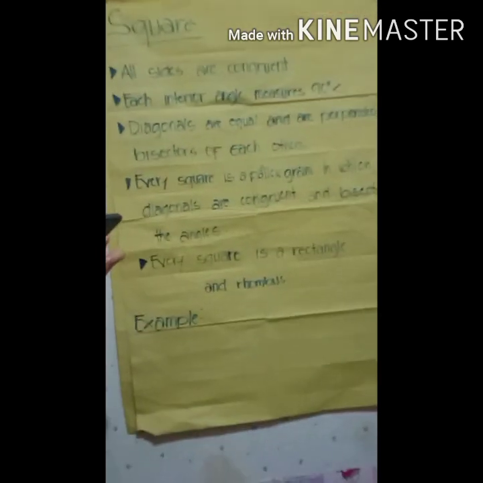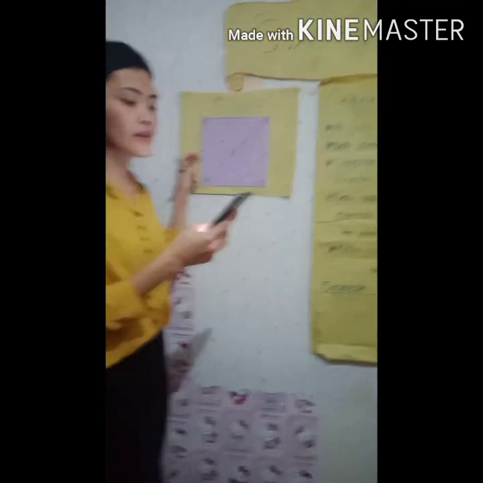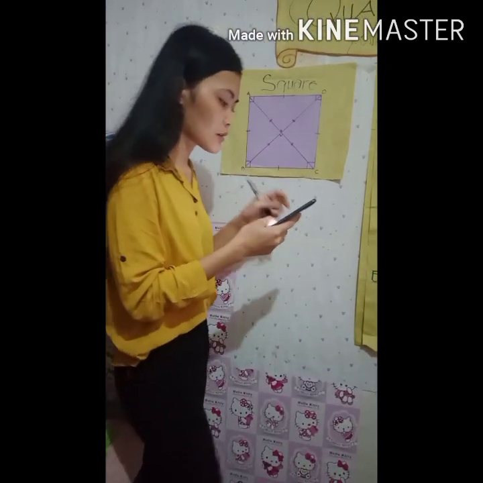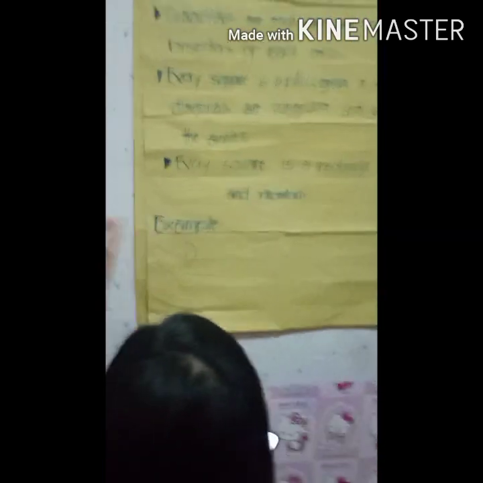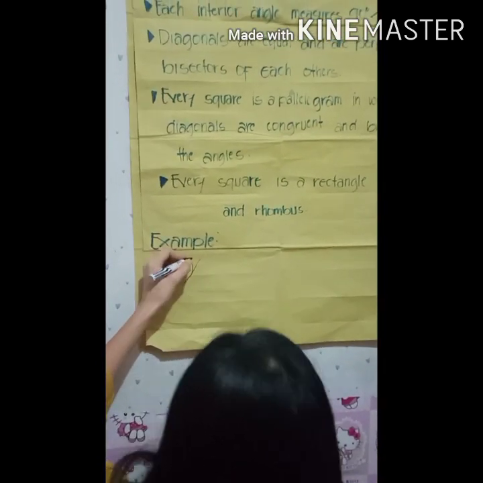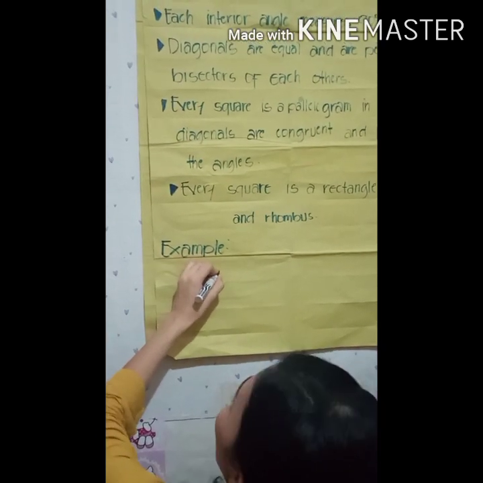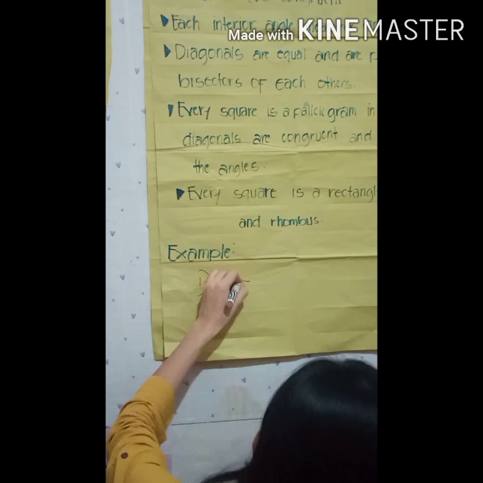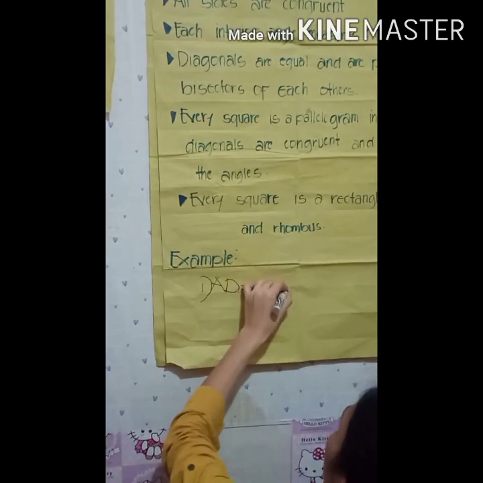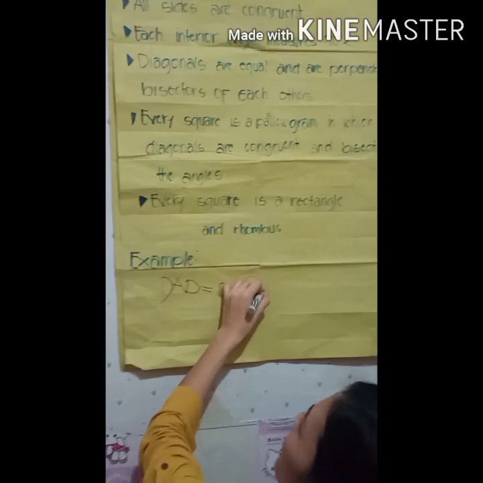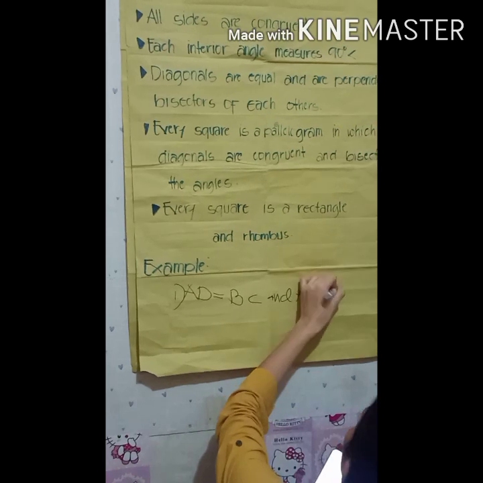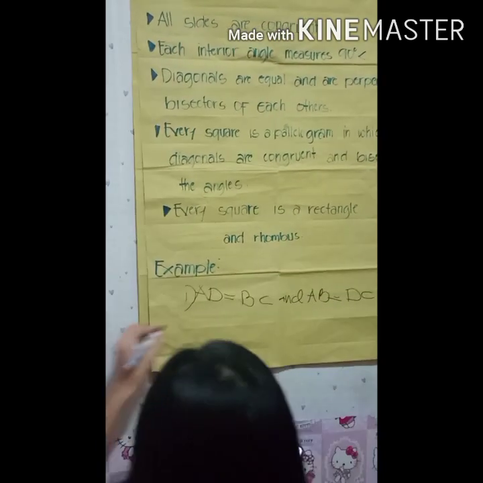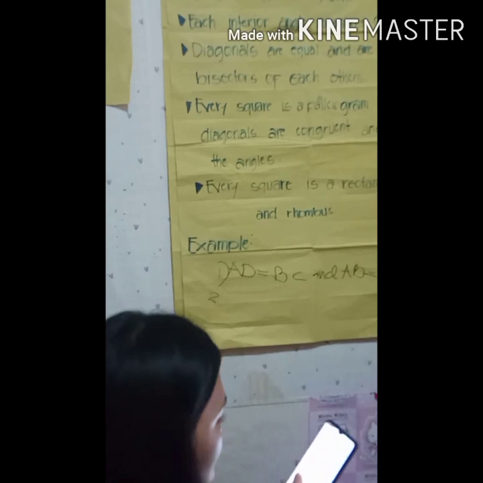Allow me to cite an example. Number 1, if all sides are equal, it goes like this: angle A and D is equal to angle B and C, and angle A and B is equal to angle D and C. Number 2, all angles are right angles.